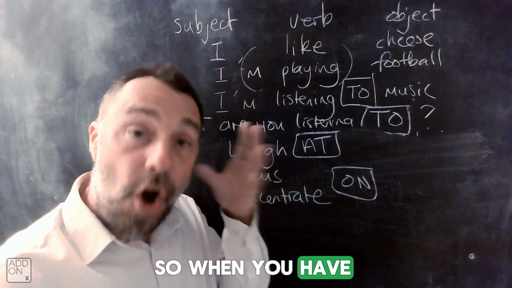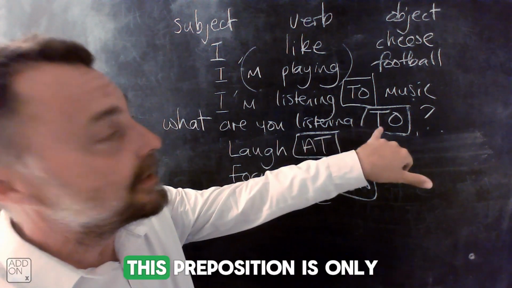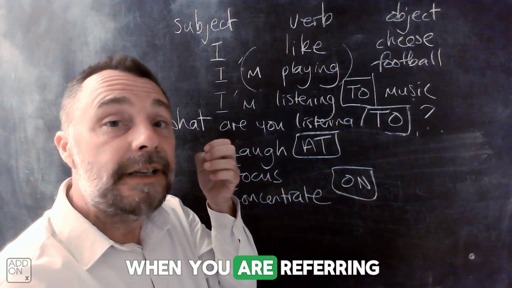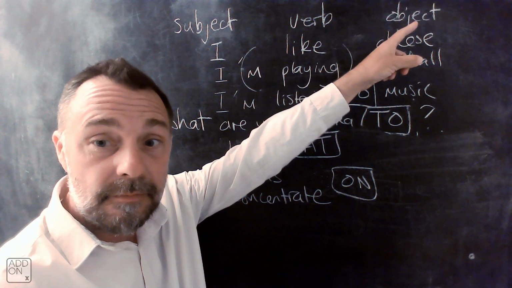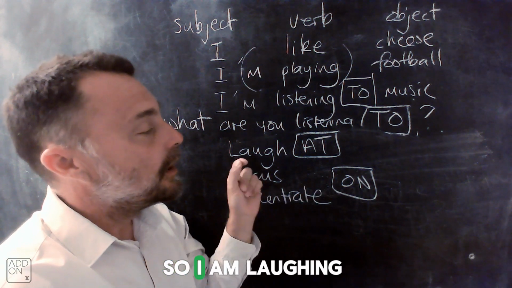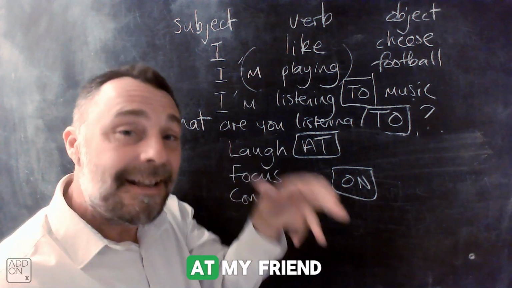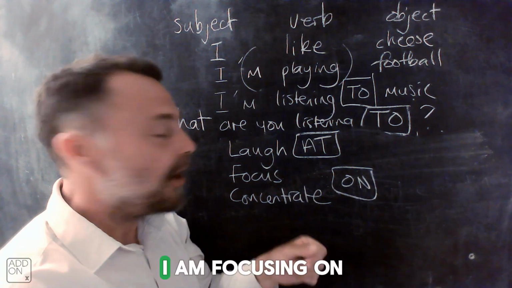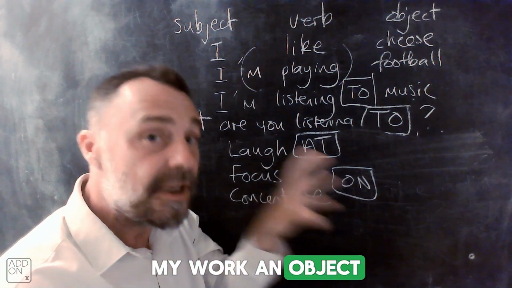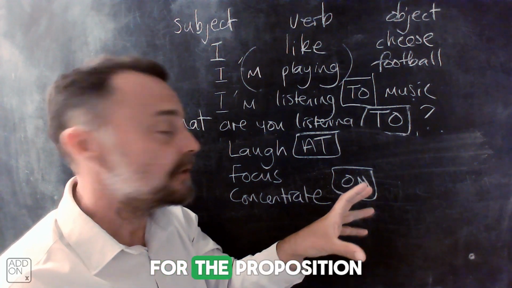Remember, it's very important: this preposition is only with the verb when you are referring to an object. So, I am laughing at my friend. I am focusing on my work. You need an object for the preposition.